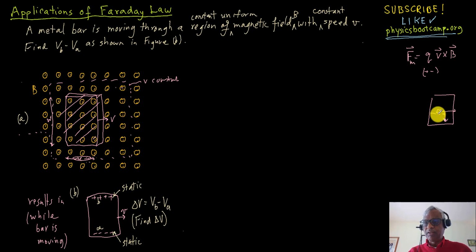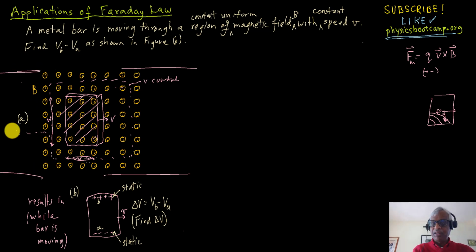So it's going to pick up a force downward, and over here it already acted on it. The magnetic field goes on forever, so over there it ended up in this situation.